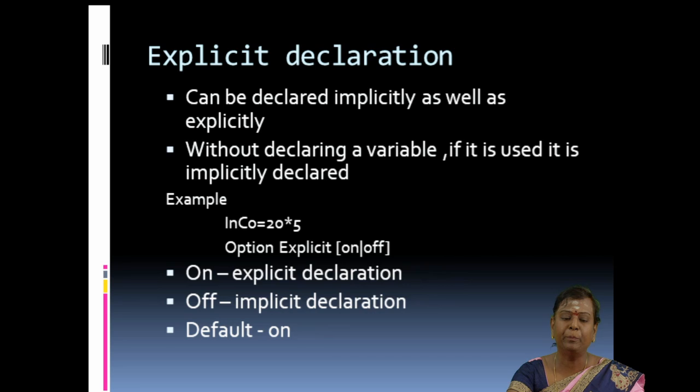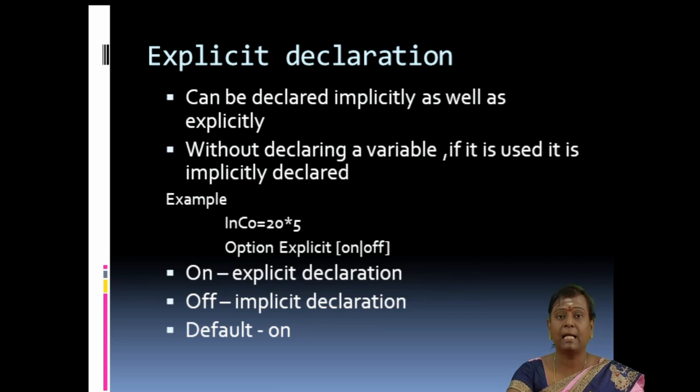So it is implicitly declared as an integer because the value assigned is 20 * 5. So 20 * 5 is 100. 100 comes under a numeric data type, integer, long or short. 20 * 500 would come under the short data type. So it will be declared as a short or integer data type.